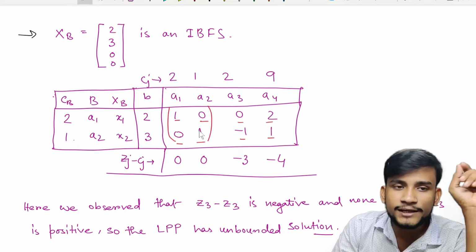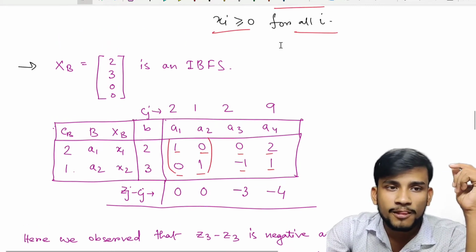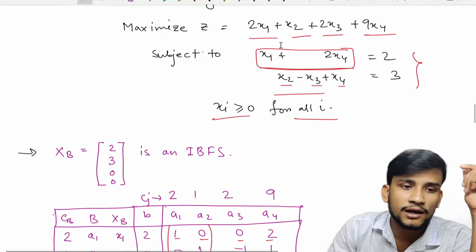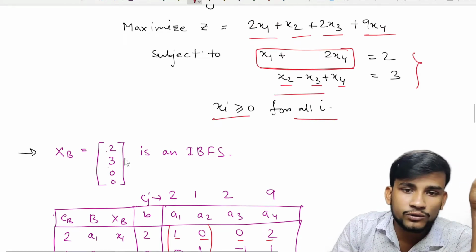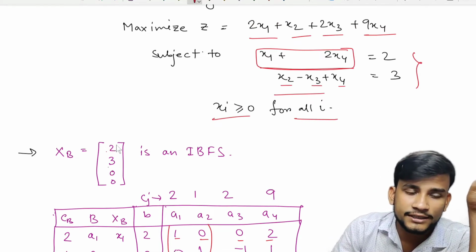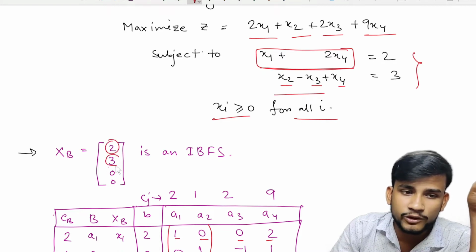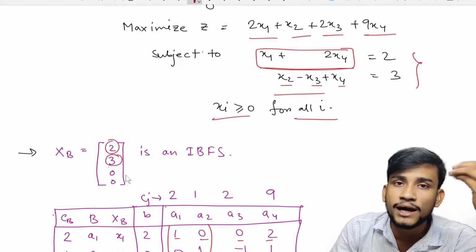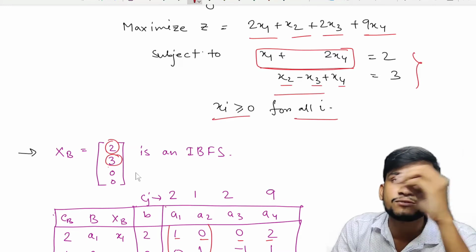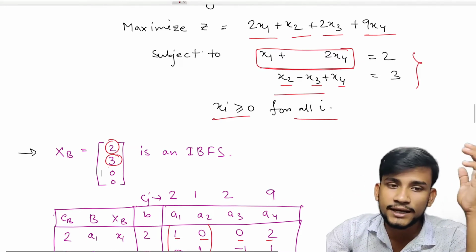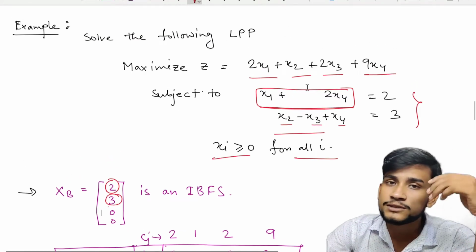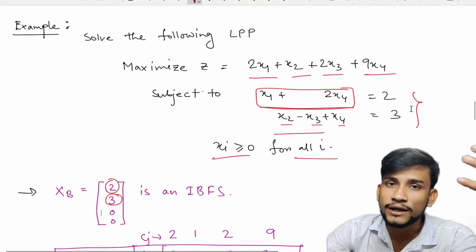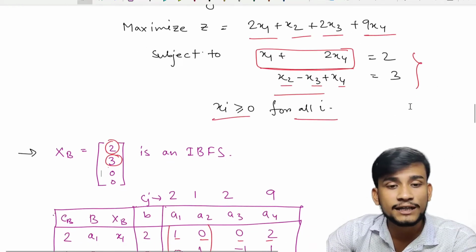We take the values 2 and 3 corresponding to a1 and a2, and the remaining are zeros, as the initial basic feasible solution. This is clear, I think. We take the quantities corresponding to the basis to form the initial basic feasible solution.